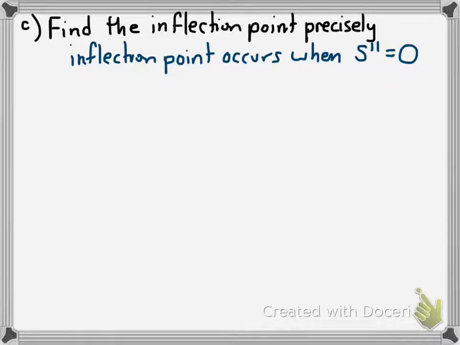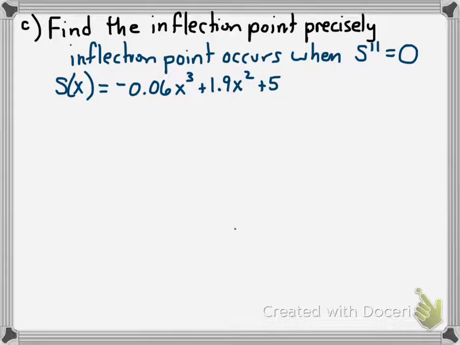Alright, so our original function was s of x equals negative 0.06 x to the third plus 1.9 x squared plus 5. And we need to find the second derivative.